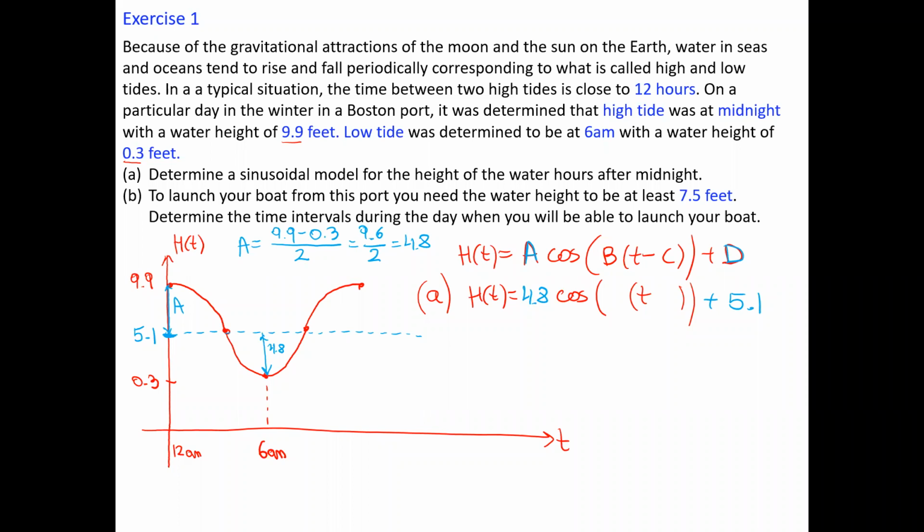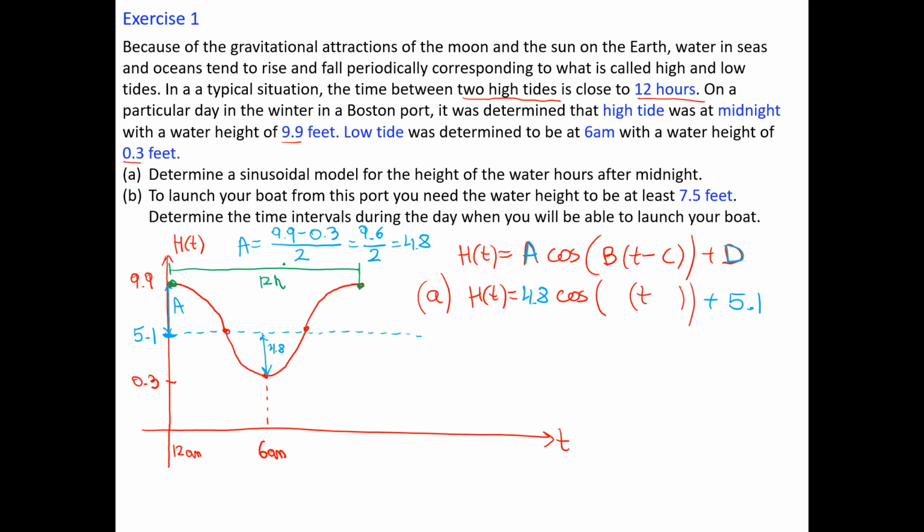The time between two high tides is typically, yes, between two maxima, 12. It means the period is 12. I can use the green color between this and this one. This is 12 hours. 12 hours is the period.